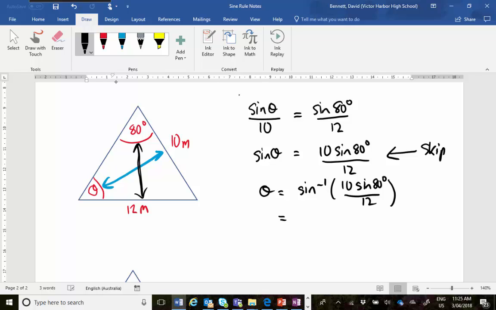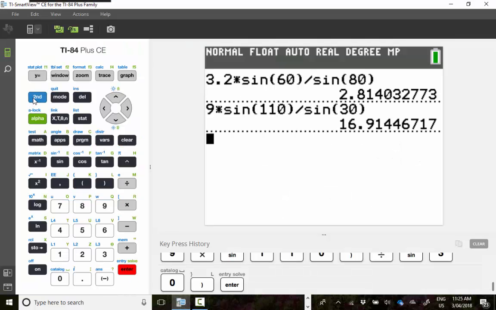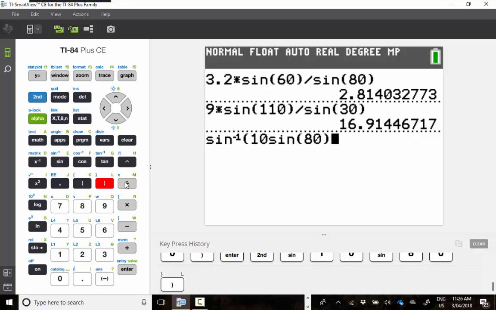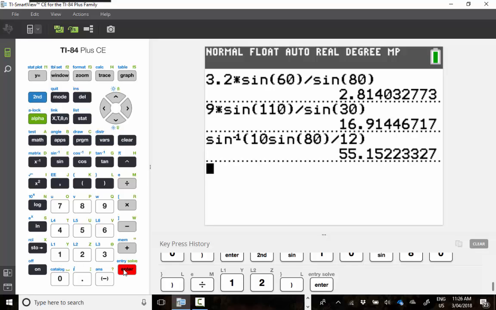Now, this is where we go to our calculator and we work out our answer in one step. That's inverse sine of 10 sine 80, close that bracket and divide that by 12, then close your bracket, and that's going to give me 55.15 degrees, or 55.2 degrees.